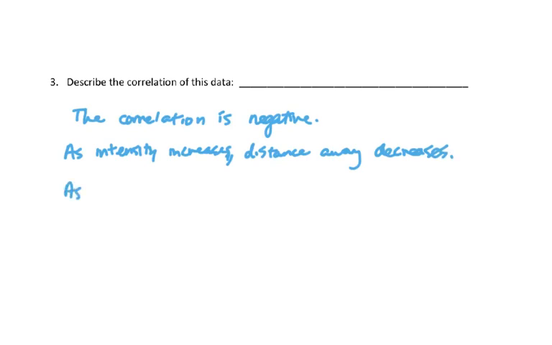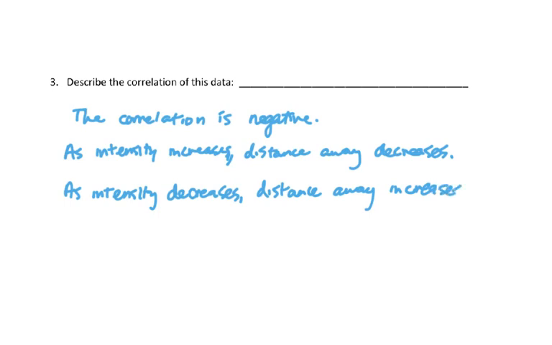As intensity decreases, so it's not as bad, distance away increases, it's further away. Again, that's just a more thorough description of the correlation because we already described it as negative before.